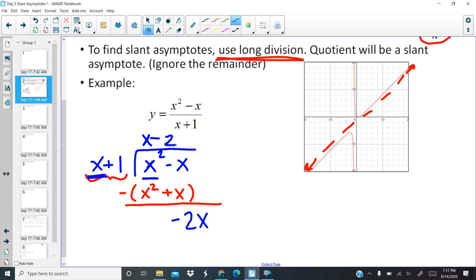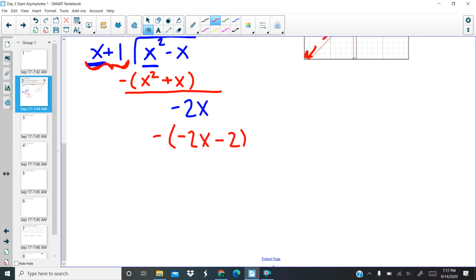So then we need to multiply the negative 2 back by the x plus 1 piece. So negative 2 times x is going to be negative 2x, and then negative 2 times 1 is just going to be negative 2. And so you're subtracting out now the negative 2x minus 2 from just negative 2x.